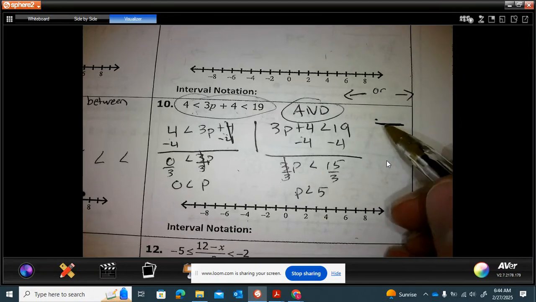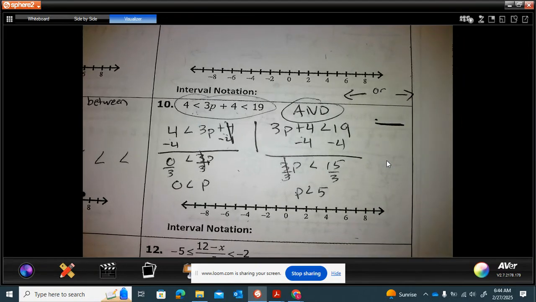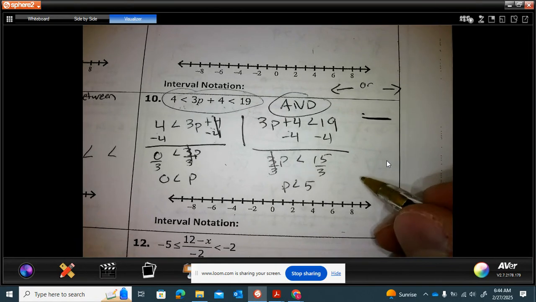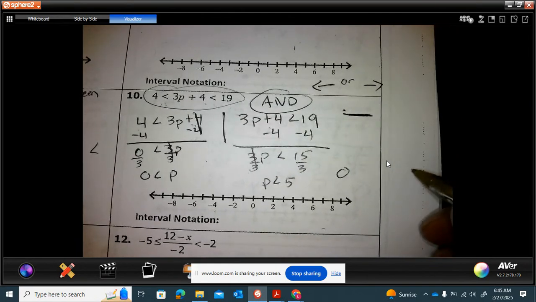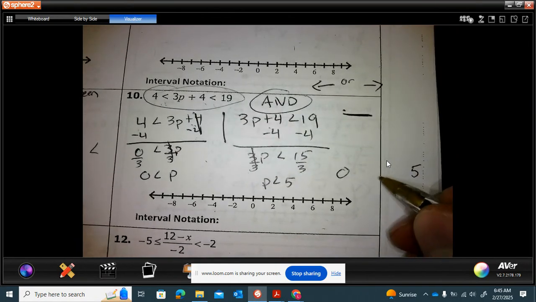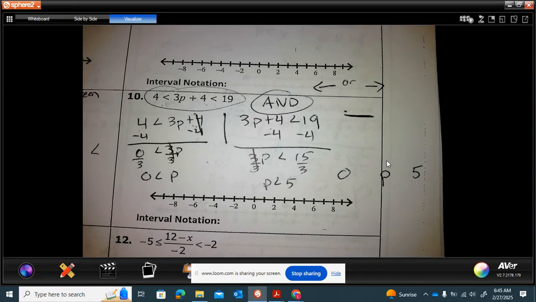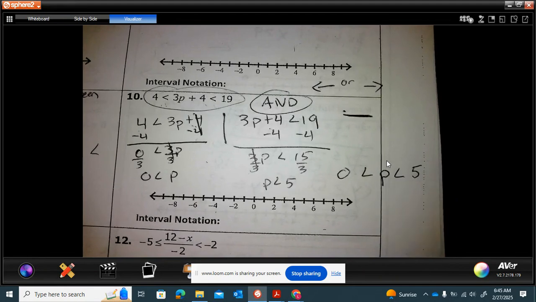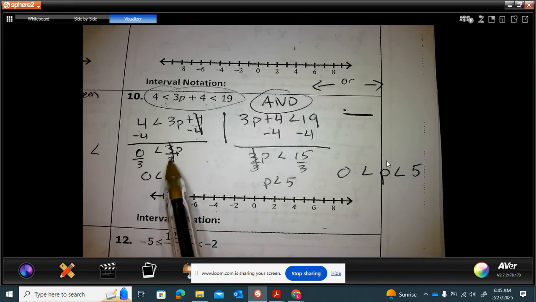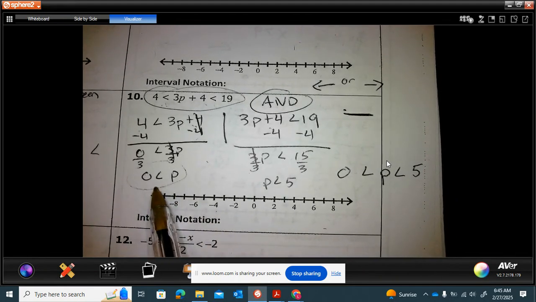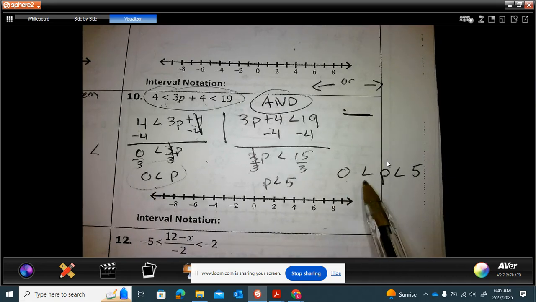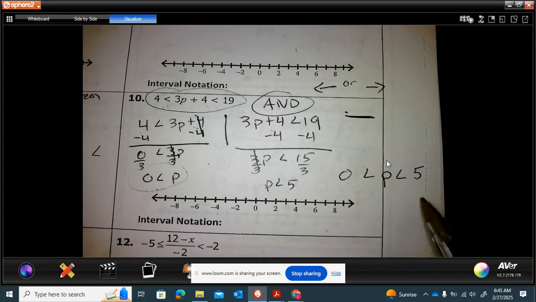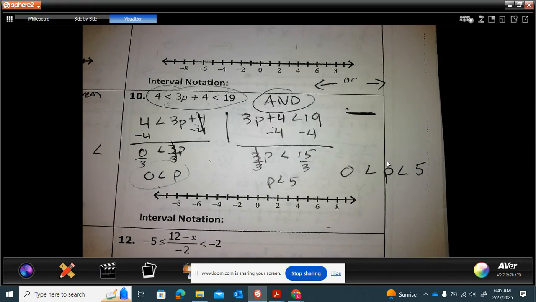In between is an and. So to write my final answer, my smaller number is 0, my bigger number is 5. I put my variable in between, which this time is p. I always have my symbols going this way. And then I look. At 0, there's no line underneath, so I keep it like that. At 5, there's no line underneath, so I also keep it like that.